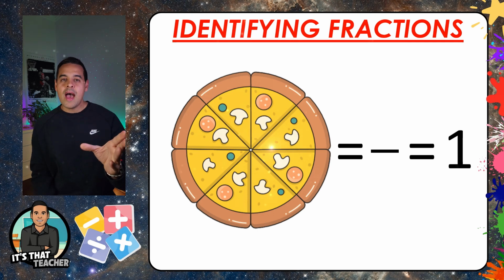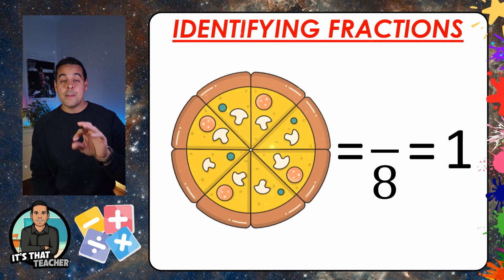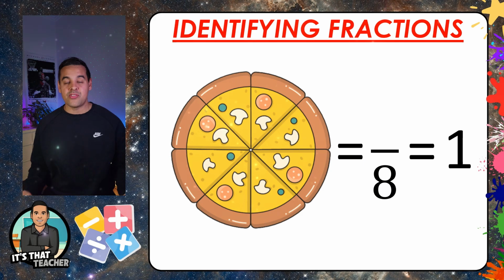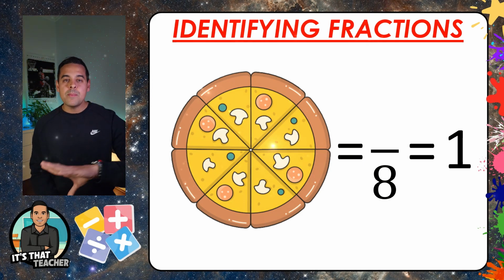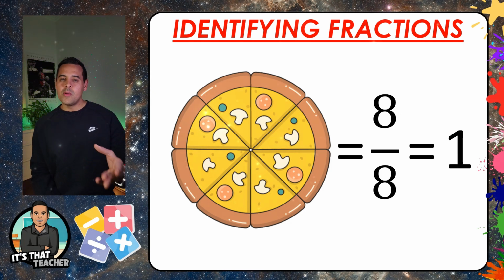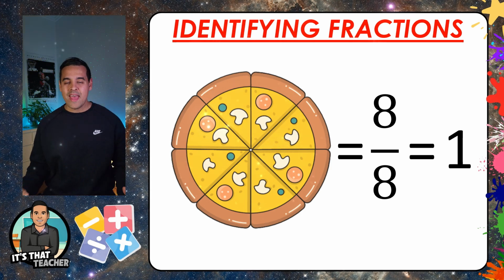Now, this is the last question that I wanted to show you. Now, if your circle here has been divided into 8 pieces or parts. Now, your denominator here is an 8, so we're dealing with eighths. Now, if you have every piece of that shaded, you have 8/8, okay? Now, 8/8 would be correct in some classrooms. However, the actually correct answer here would be 1 whole number, or 1 whole, okay?